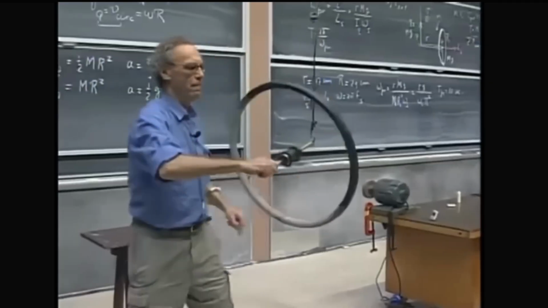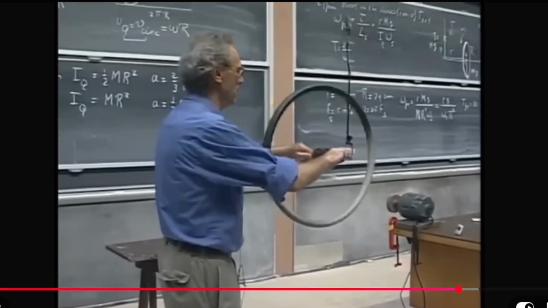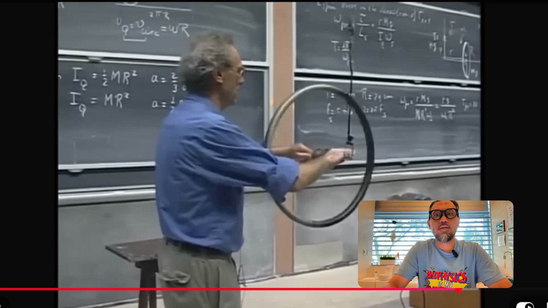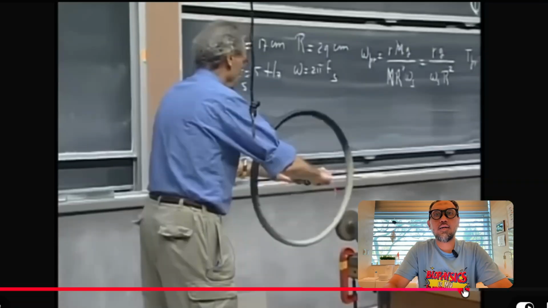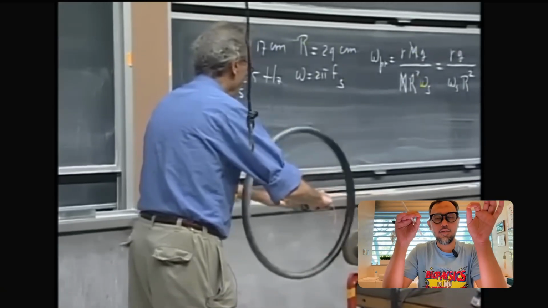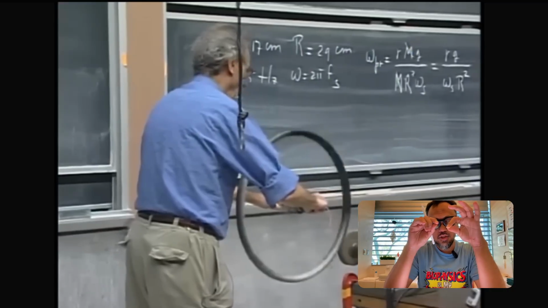All right, so I have this in my right hand. You can finish watching this video yourself, or maybe we can speed up to where he changed the position of the probe, and you will see that the gyroscope will rotate the opposite way.